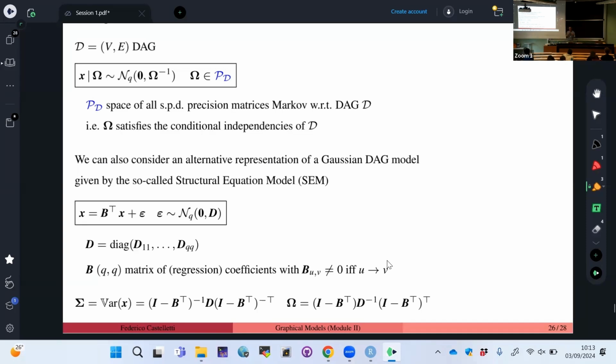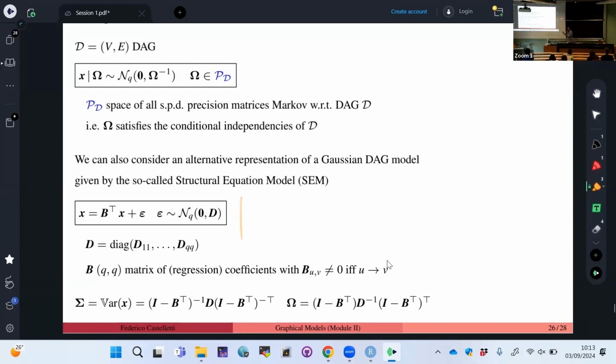So instead of looking at the joint, you can specify a model by writing the conditional distributions node by node, and because of properties of the multivariate normal, the conditional distributions are still normal. If you look at univariate ones, they will be univariate normal, and similar to normal linear regression models. In general, we can write a structural equation model using this kind of notation here.